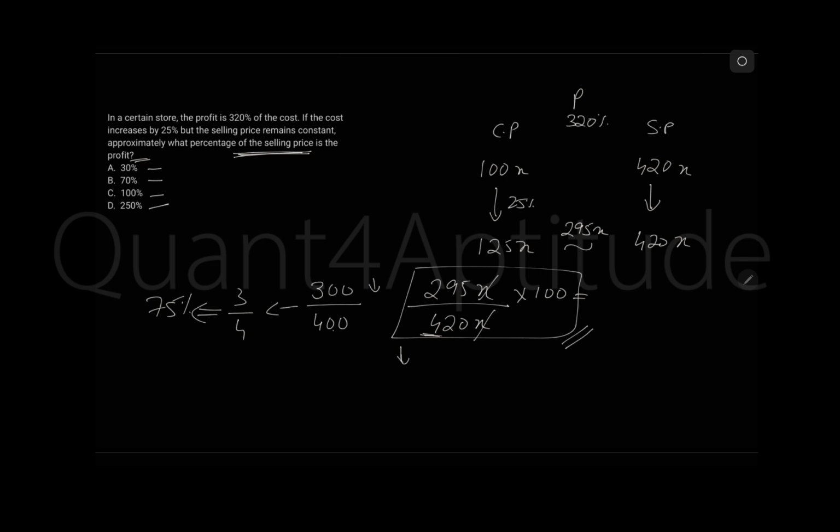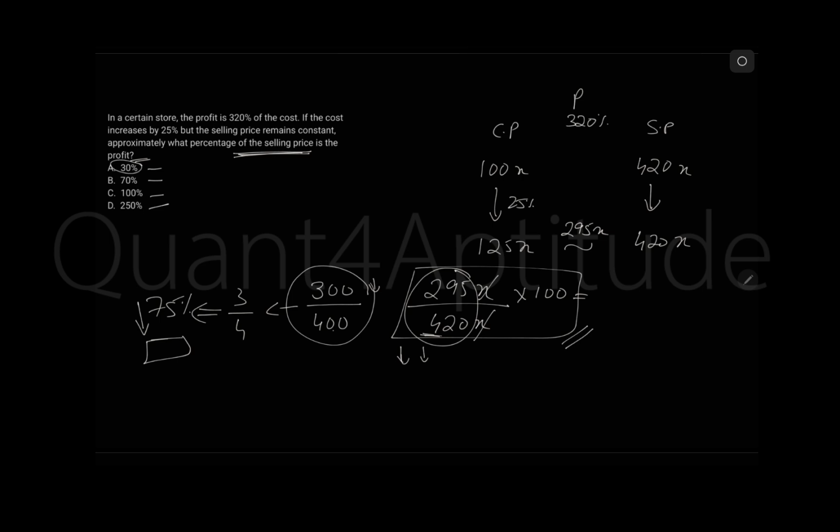That means it will again pull it down. So effectively this fraction is going to be lesser than 3/4 because the numerator is lower and the denominator is higher. These deviations, this 5 units here and 20 units here, are very small deviations.